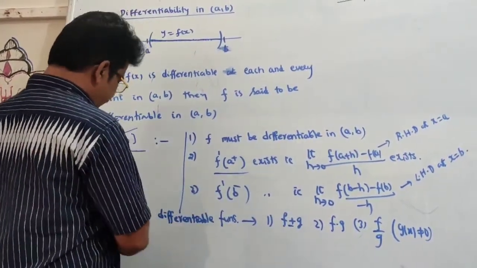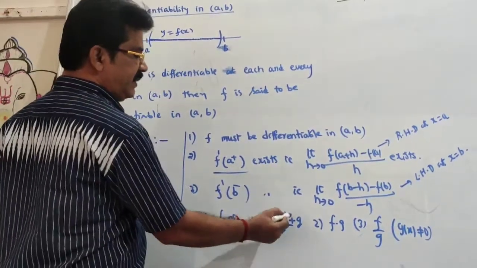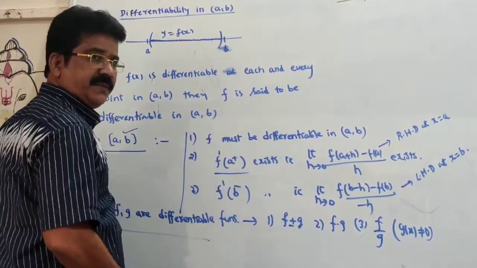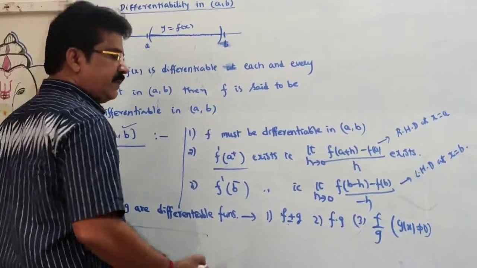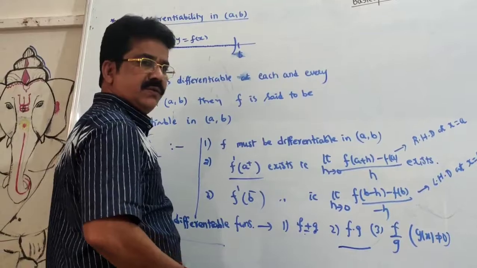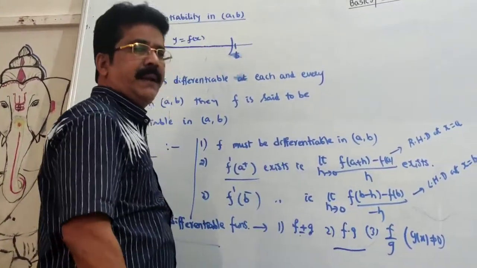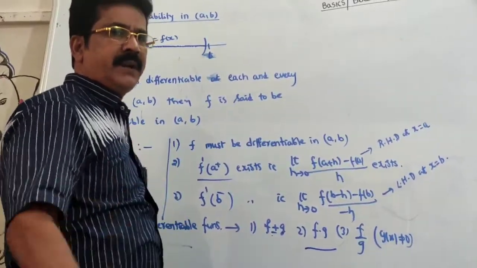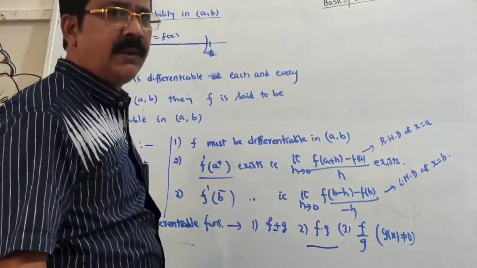So, whenever f comma g are differentiable functions, then f of x plus g of x is also a differentiable function, and f of x minus g of x is also a differentiable function. F of x into g of x is also a differentiable function, and f of x divided by g of x is also a differentiable function, but subject to the condition g of x is not equal to 0.